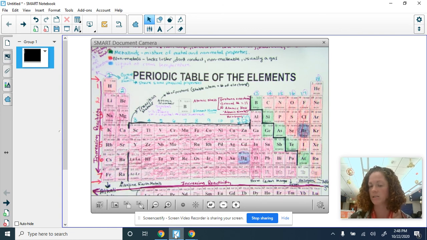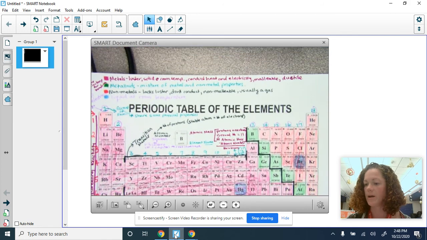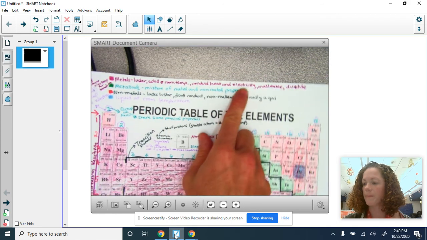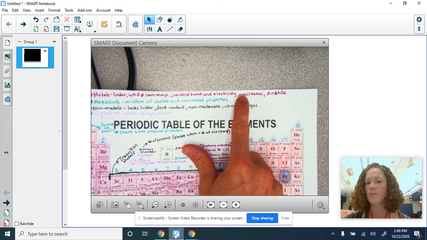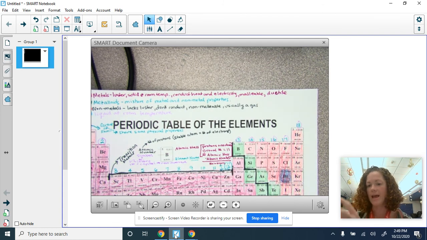Or maybe you're not supportive. Maybe you're not strong physically, but emotionally. Maybe you're the person that all of your friends go to for support. Or if you're a gymnast, metals are, just like we set up here, malleable and ductile. Malleable means I can hit it with a hammer and I can start forming it into different shapes. You need to be very flexible and be able to bend and move into different shapes.